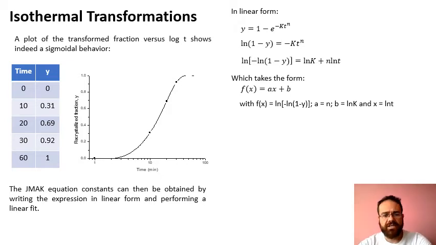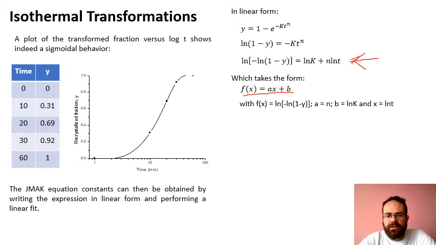So we can try to obtain this JMAK equation in linear form, and then we can try to determine the constants by a linear regression analysis. In linear form, the JMAK equation is given here. We just rearrange the terms and take the logarithm twice in the process, and then we can see this is a straight line of the form f(x) equals ax plus b.